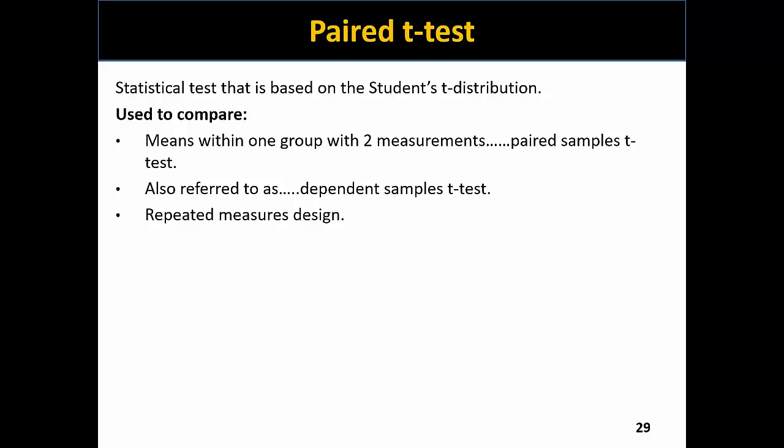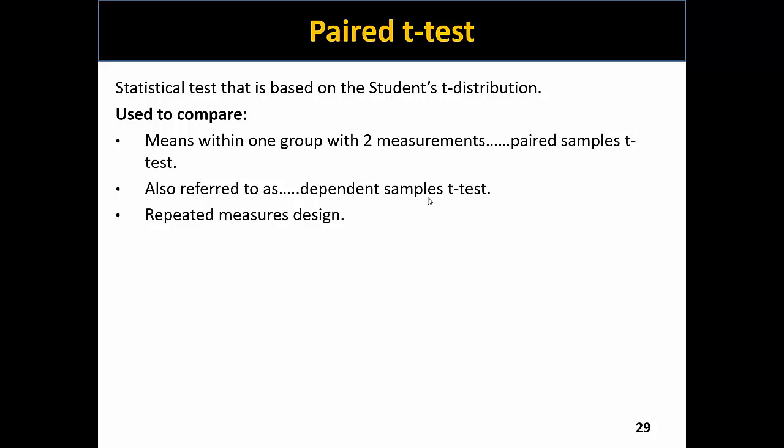This is often also referred to as a dependent samples t-test because both sets of scores are dependent on each other, because they're coming from the same group of research participants or cases. This is also referred to as a repeated measures design from a research perspective, because we're repeating the measure on the same group of people.